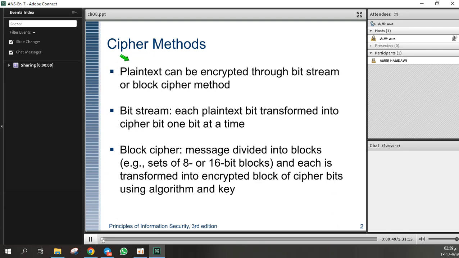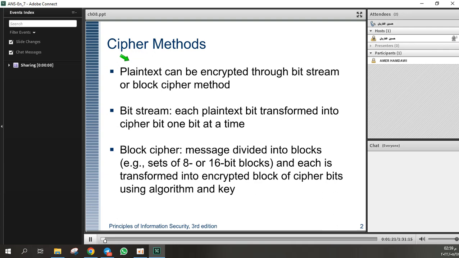To do this, we have two different types of cryptography methods. One of them is bitstream methods, the other is block cipher methods. But the question is this: what is the difference between a bitstream cipher method and a block cipher method?